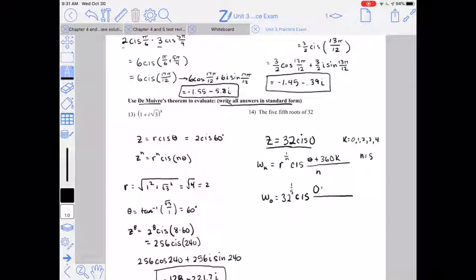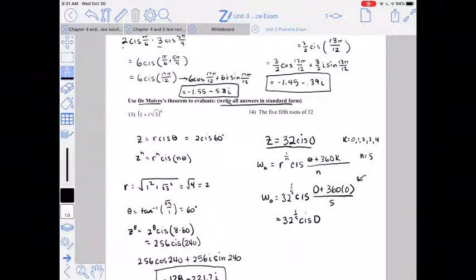So remember, theta was 0, and then we have 360, in this case k equals 0, divided by 5. This value here turns out to be 0 divided by 5, which is 0.